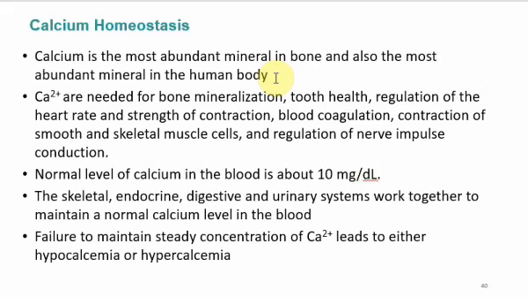But as much as your body does not manufacture calcium, your body requires calcium for bone formation. That's during calcification or mineralization. You need calcium for formation of strong and healthy teeth. You need calcium for regulation of heartbeat or heart rates, and you need calcium for muscle activity or contraction.